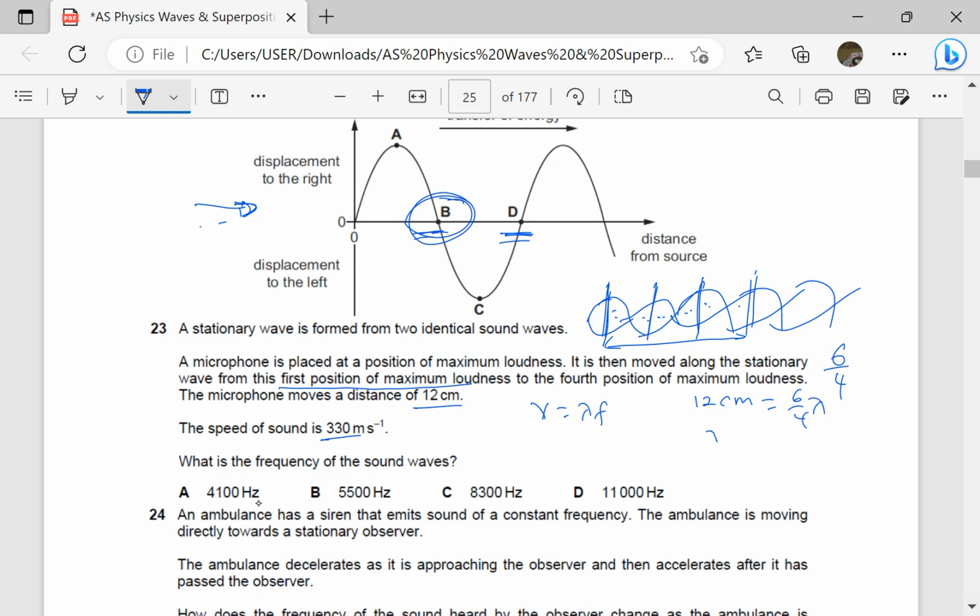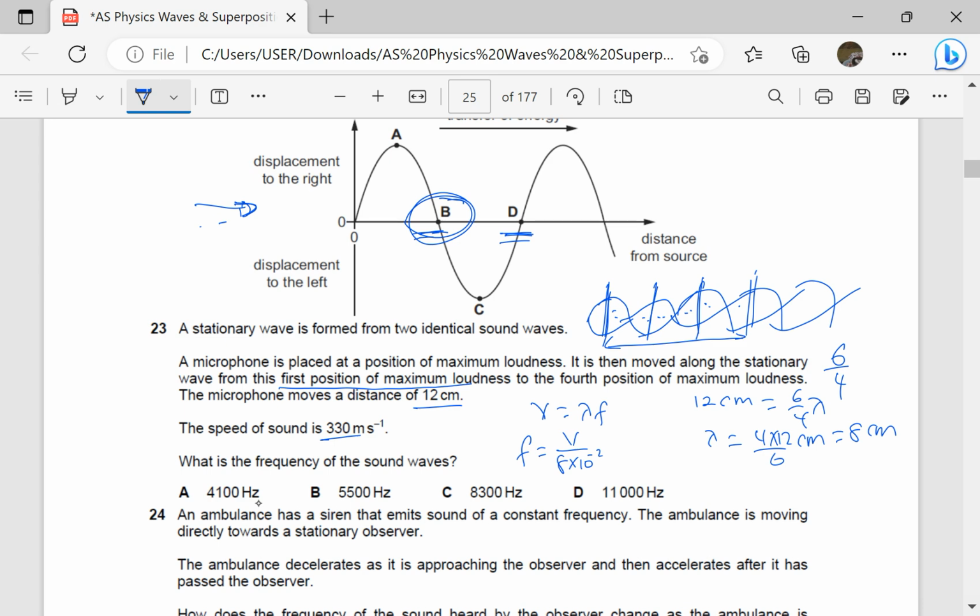So that means our wavelength is going to be 4 times 12 divided by 6 in centimeters, which is 8 centimeters. So let's find the frequency. The frequency therefore is going to be V divided by wavelength, which is 8 times 10 power negative 2.